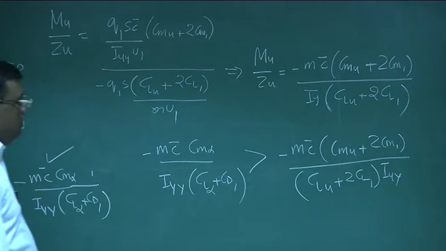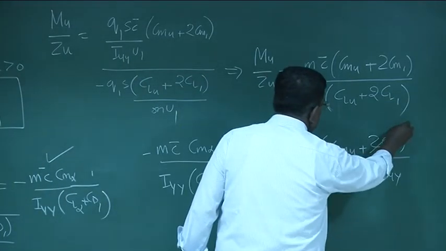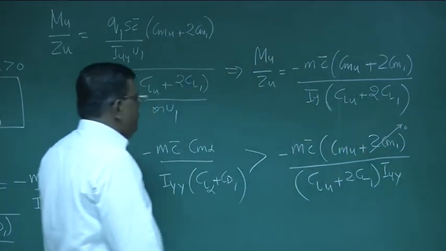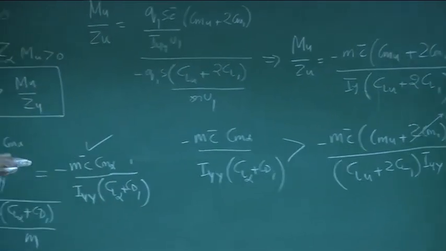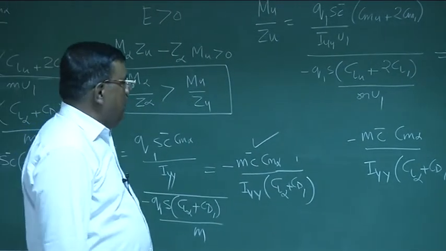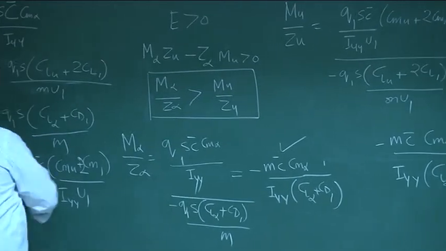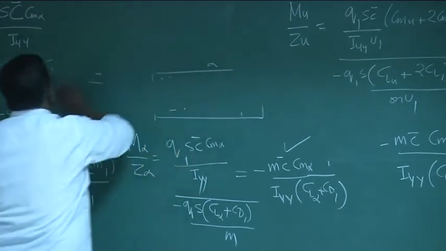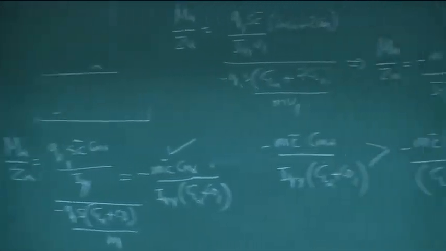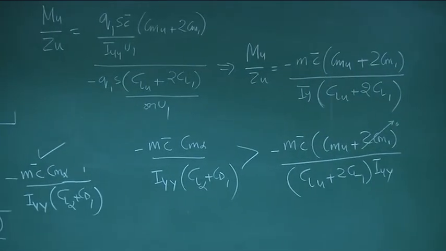We know that CM1 is 0. This is at trim, and our trim is cruise, so this value is 0. Now if I manipulate this expression further, we get a very interesting result, and all these efforts were for that.